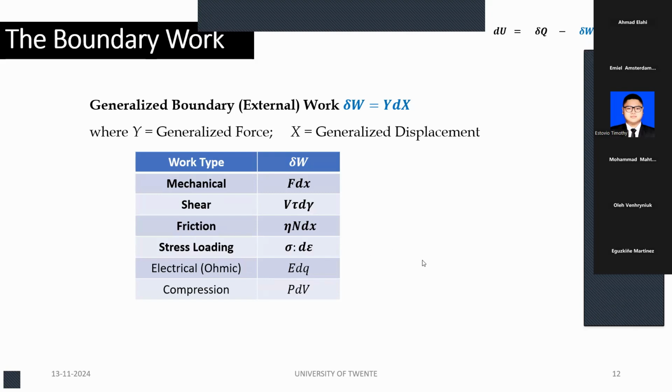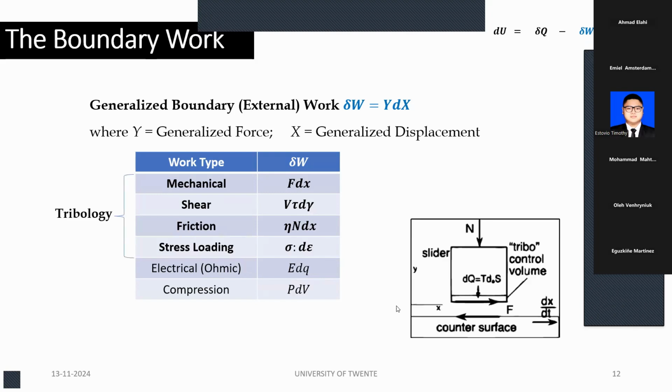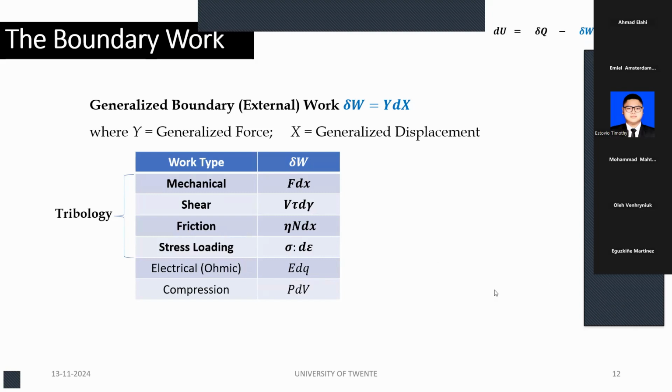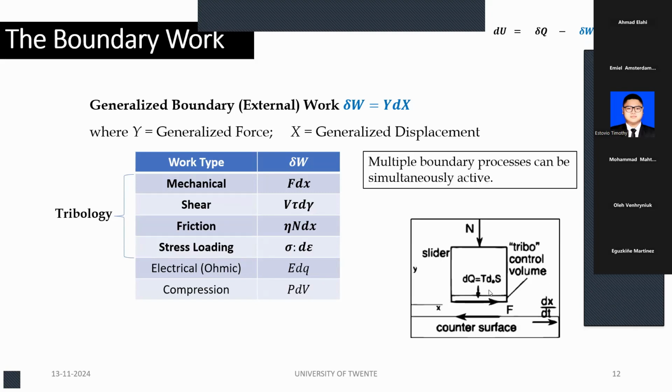All right, so here we see various forms of work that you can encounter in engineering systems. It's not exhaustive, it's just a few of them that are listed. And when we're looking at a tribological control volume, we care about the first 4 of them. So shear motion, where you're looking at friction and you're looking at stress loading, normal stress loading.